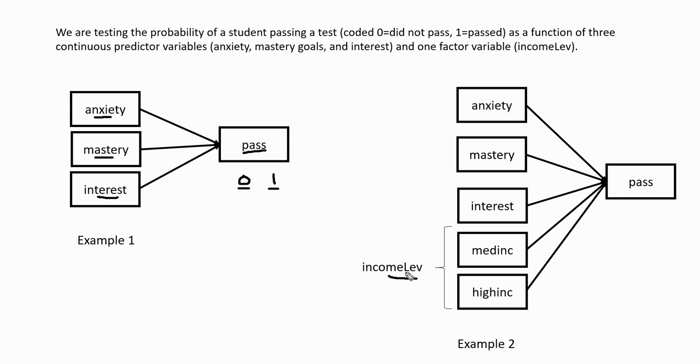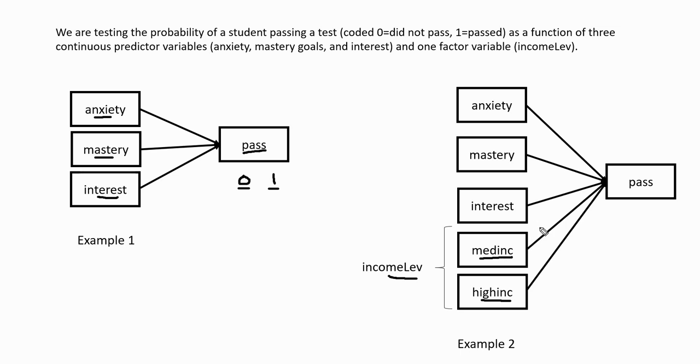But what we're going to have to do is ask Stata to convert or transform that ordered categorical variable into dummy variables for inclusion in our regression model. So the dummy variables that will be included are medium income and high income. And the reference category that we're going to be using in this dummy coding system is the low income category.